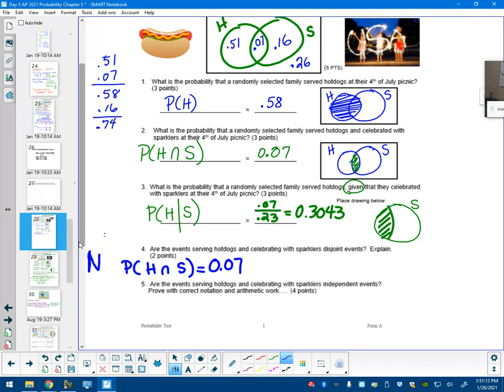So the answer is no. They're not disjoint because the probability of hot dog and sparkler equals 0.07. If disjoint, the probability of hot dog and sparkler would equal 0.